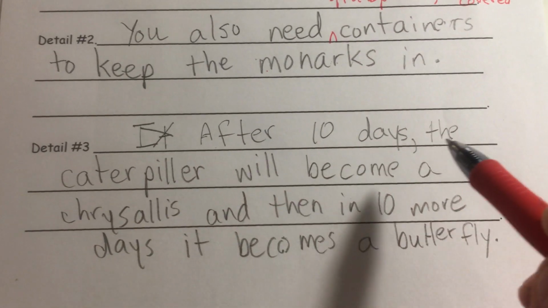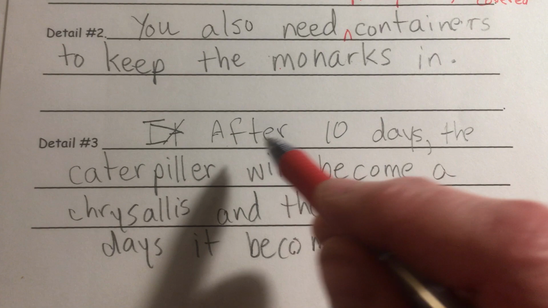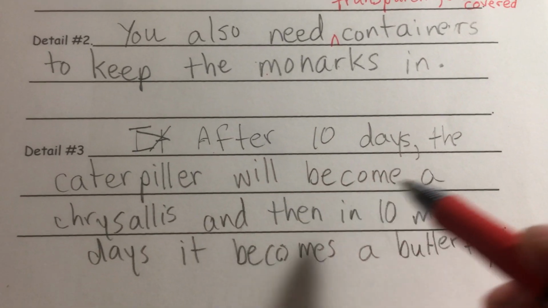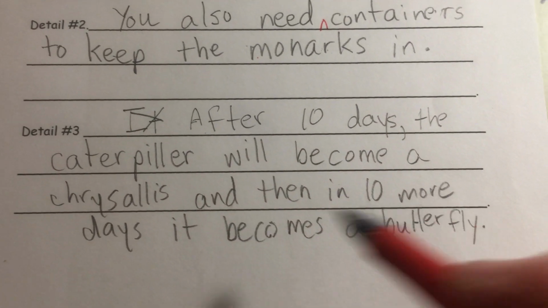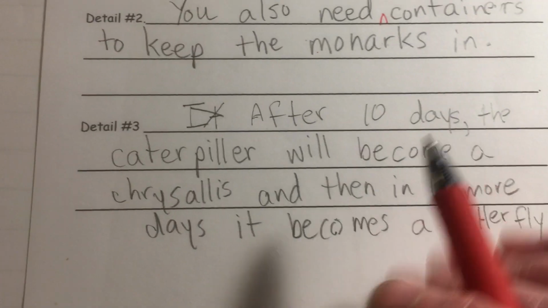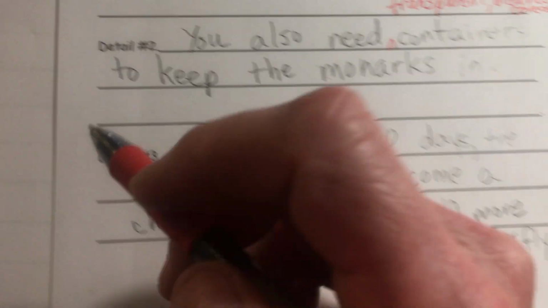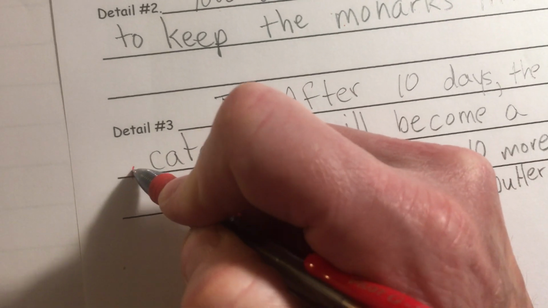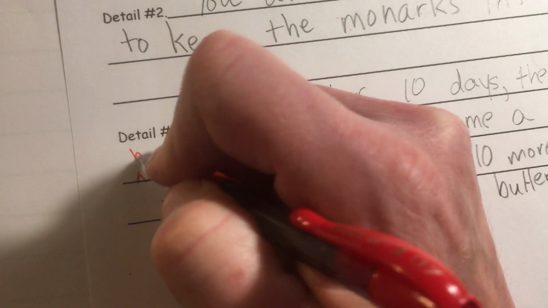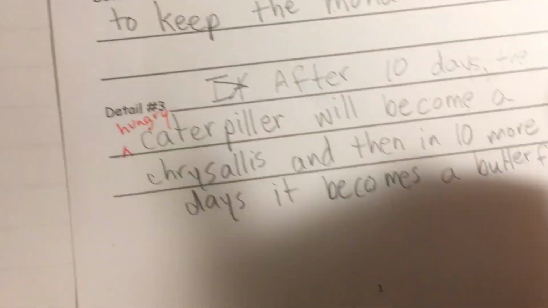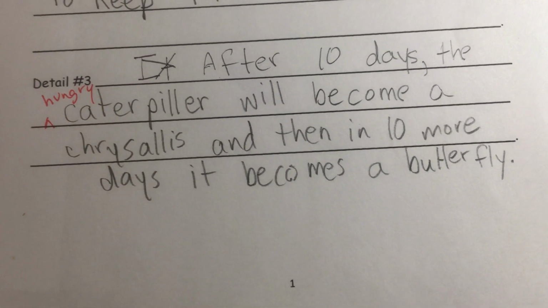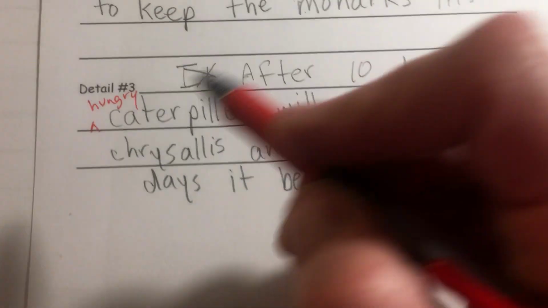All right, and then I'm looking for an important noun in the last sentence. After 10 days, the caterpillar will become a chrysalis, and then in 10 more days, it becomes a butterfly. How about the hungry, right? The hungry caterpillar. And how about the chrysalis?